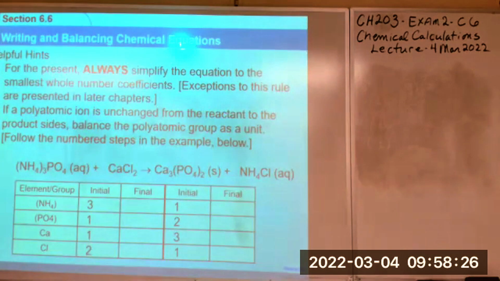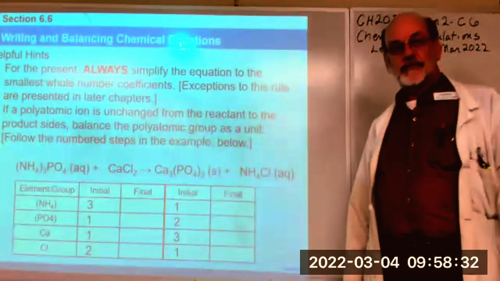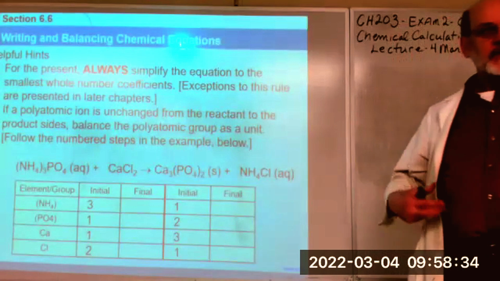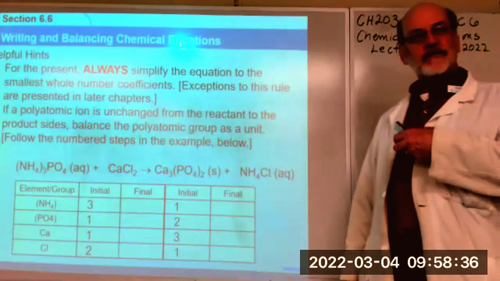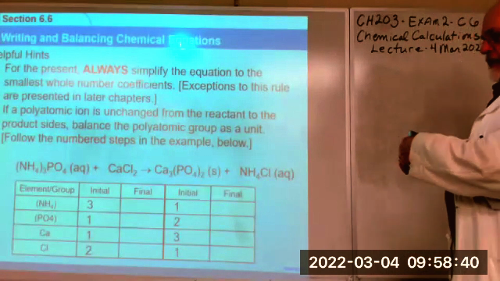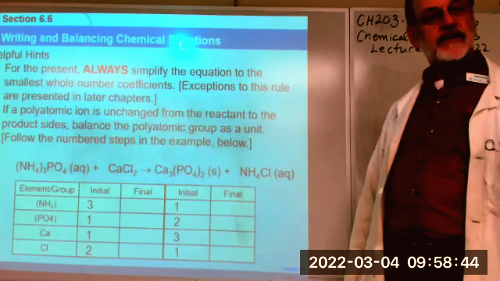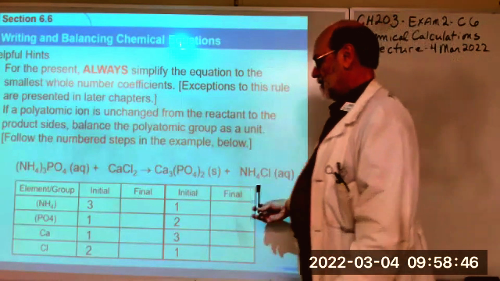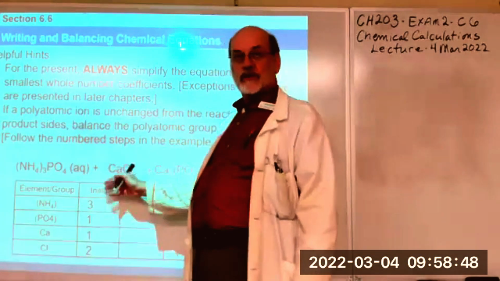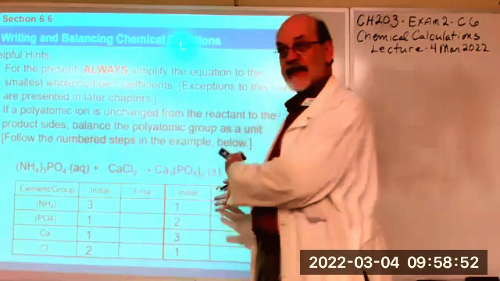Usually, if you have written all your compounds correctly, then it doesn't matter where you start. You'll eventually get there. But sometimes, if you start in one place, you get there quicker than if you start in a different place. So one of the hints is if you have an element standing alone on either side, we don't have that in this case.